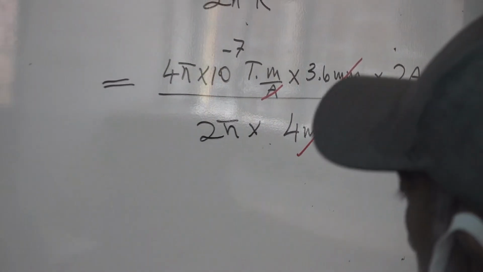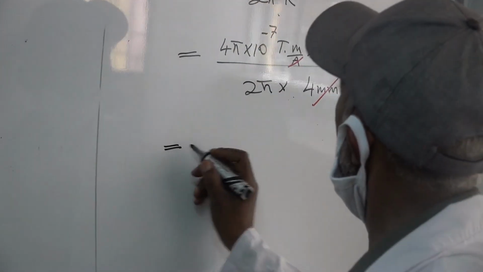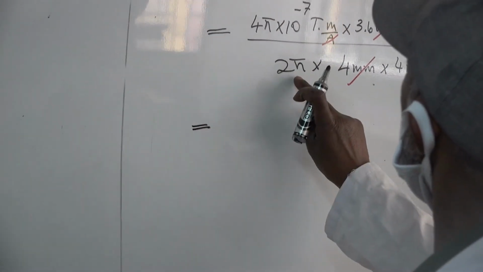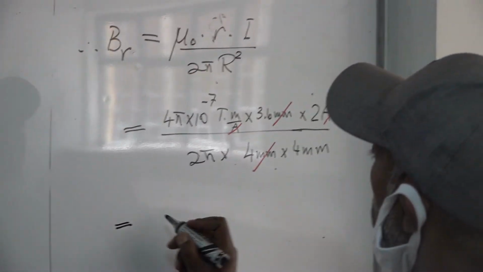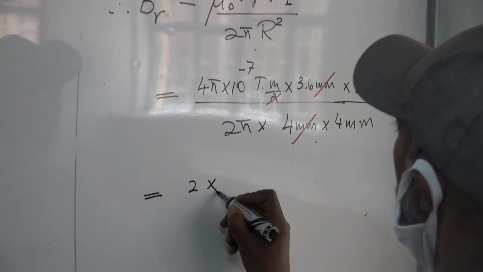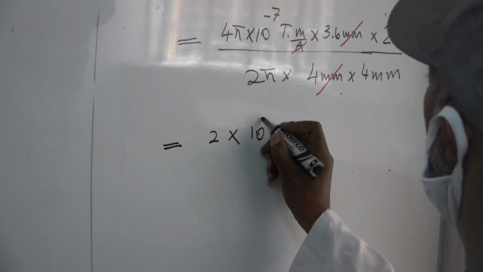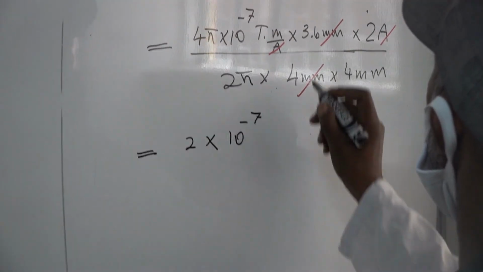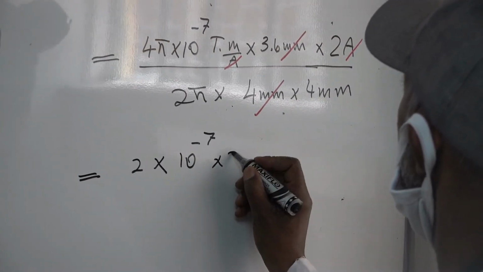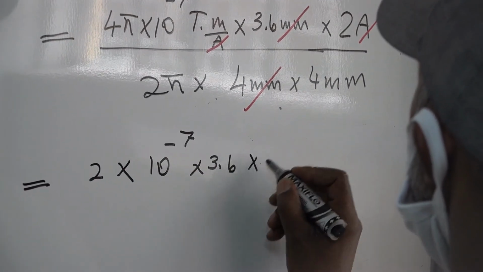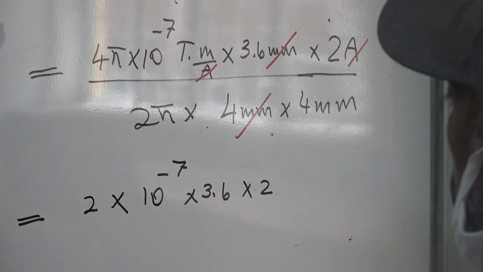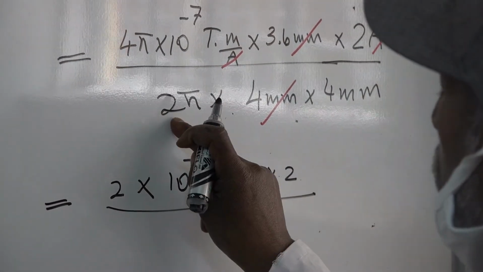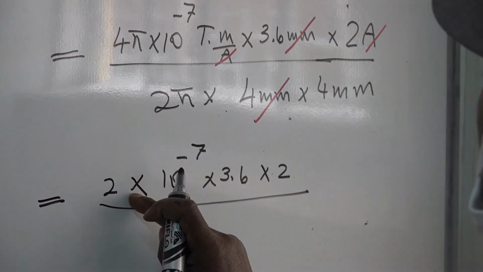So, how do you do it? It's very simple. Let's do two things at a time. 2 pi cancels 4 pi, you get 2 times 10 to the power of minus 7 times 3.6 times 2 divided by, remember 2 pi cancels 4 pi and we have only 2.